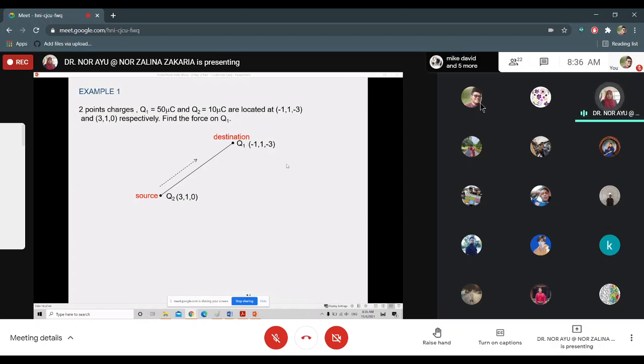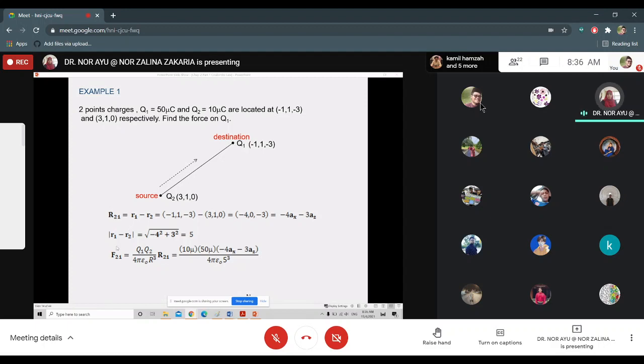You can do that by applying the equation, which is this, okay? So you need to know where your source and where your destination are. In this question, your source will be Q2 and your destination will be Q1, because the question wants you to find the force on Q1.